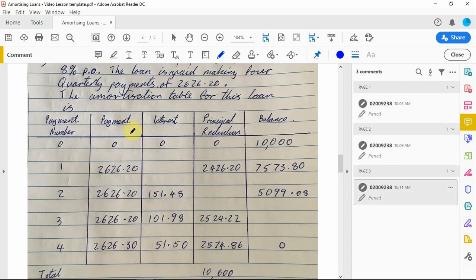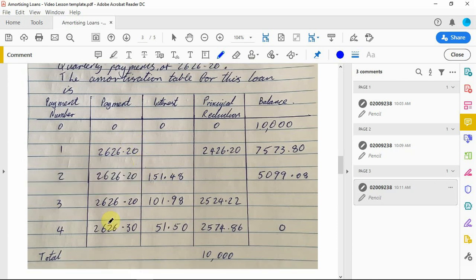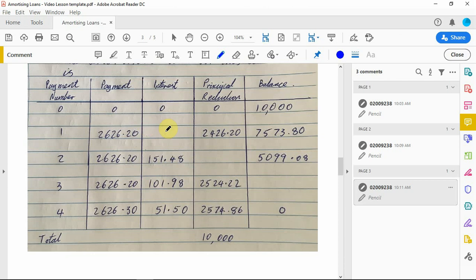Okay, so we've got a bunch set out here, and the questions ask us about the table here. So, first of all, part A says complete the amortisation table. So we need to put a number in here, and a number in here. All right. So in line 1, let's have a look at line 1.